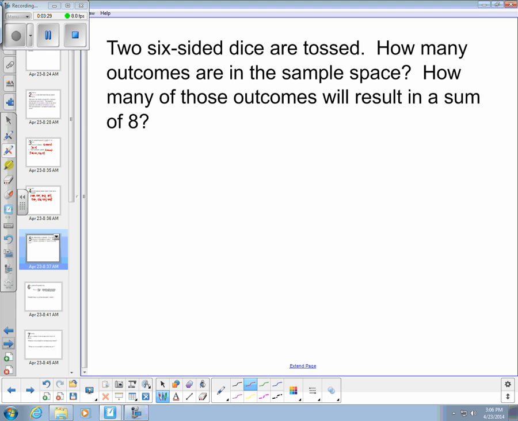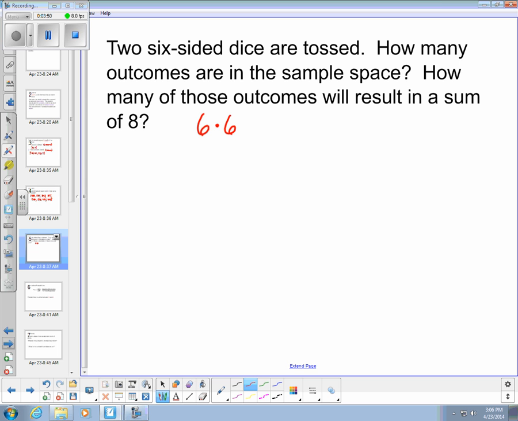Okay. If I toss two 6-sided dice, how many possible outcomes would be in the sample space? We're not going to list them all here. I just want you to tell me how many there would be. Well, the first die has 6 sides, so there's 6 ways it can land, and this kind of goes back to the combinations. There are 6 ways the second one can land.